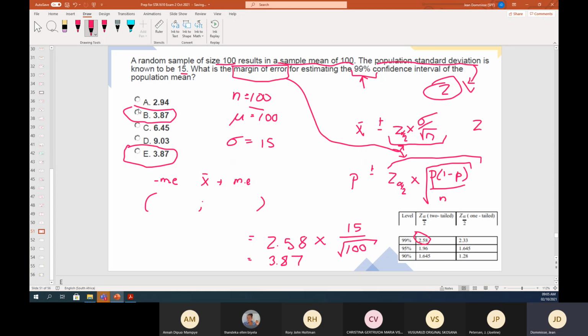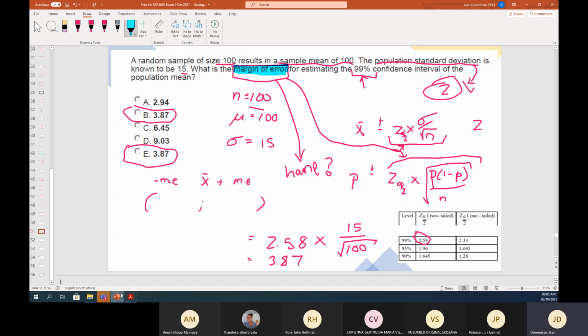So I think, is there another name for margin of error? I'll check for you if there's another name, in case I ask something else in the exam.